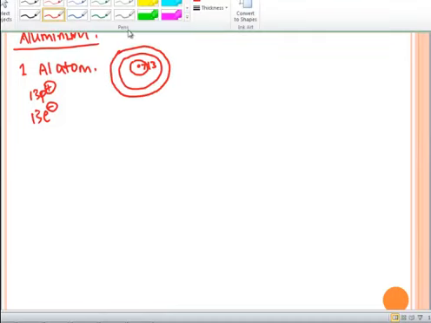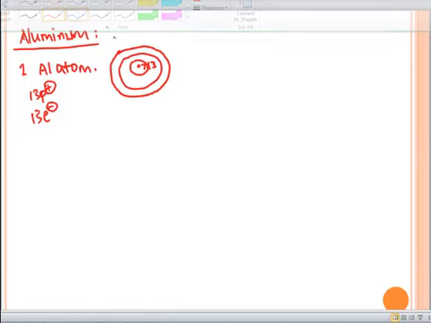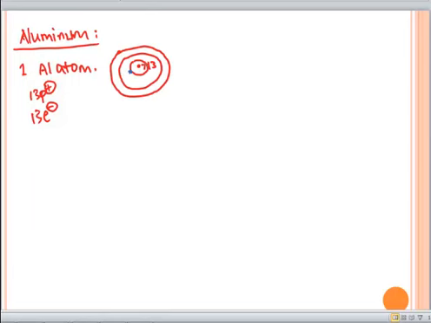Each ring would have electrons. First ring has 2 electrons. Second ring you would have 1, 2, 3, 4, 5, 6, 7, and 8. The last valence shell you should have 3.